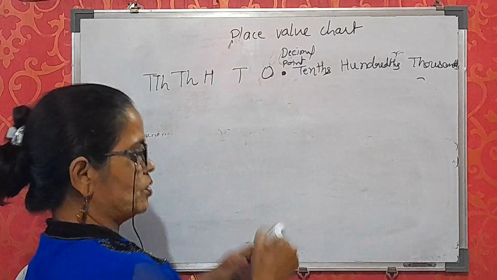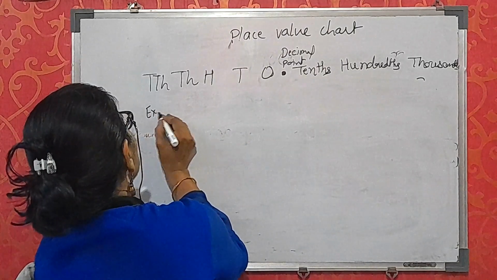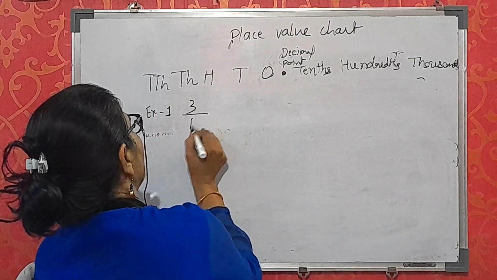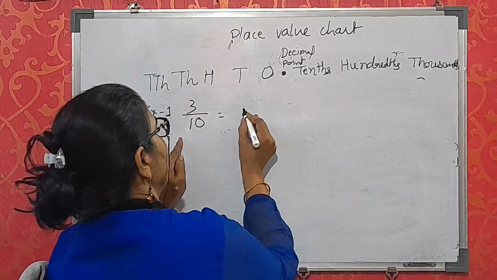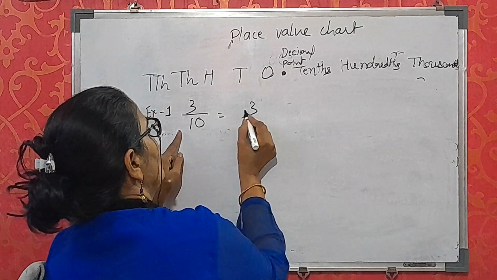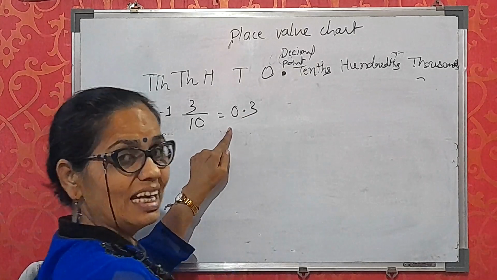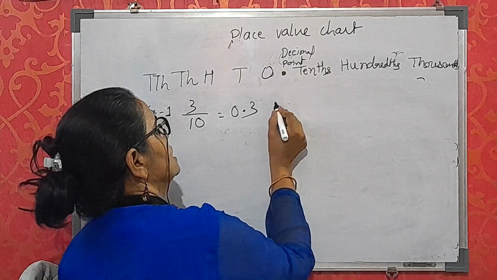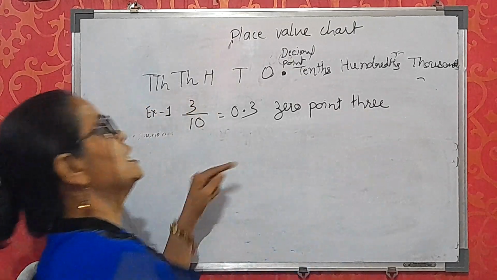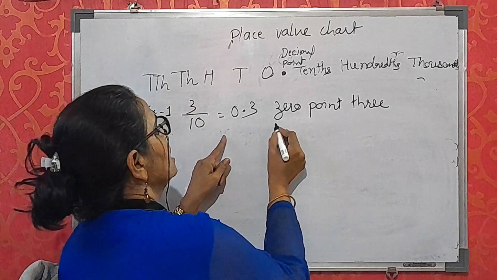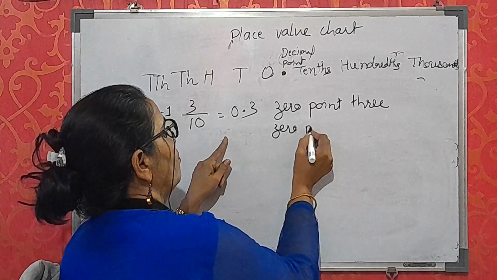Now look, suppose you have the 3 upon 10 number. This fractional number I will convert into decimal as 0.3. I will read this number as 0.3. This is the first method. Second method, I will read this 0.